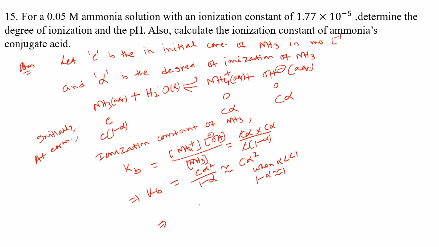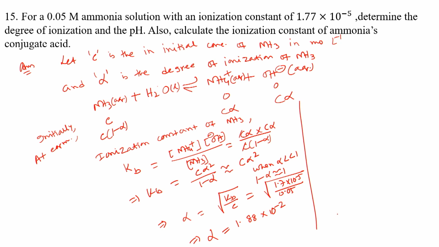So we get alpha is the square root of Kb by C. The value of Kb is given, 1.77 times 10 to the minus 5, and the value of C is also given, 0.05. If we substitute everything, we get 1.88 times 10 to the minus 2. So this is the degree of ionization, alpha is 1.88 times 10 to the minus 2.